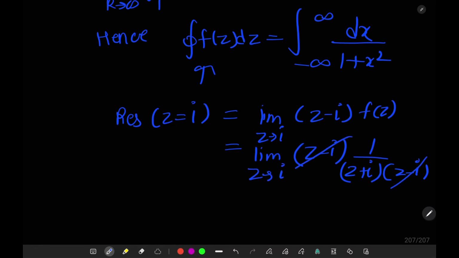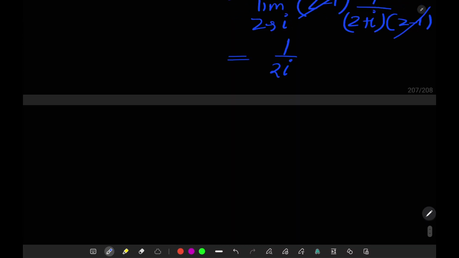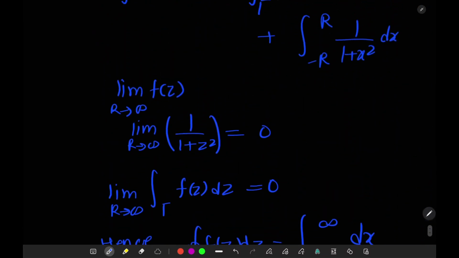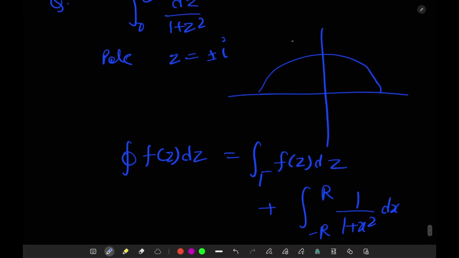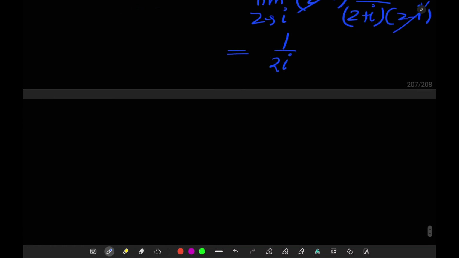This cancels out by this. Now putting z equals to iota, we get this. Here you can see in this diagram the positive value of y is here, so minus iota is outside the contour, so for this the residue is 0.